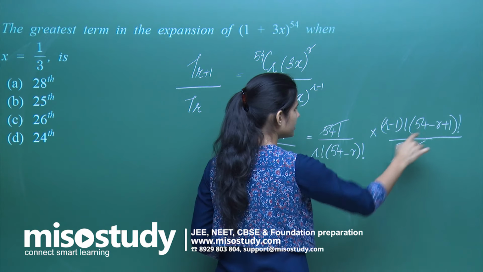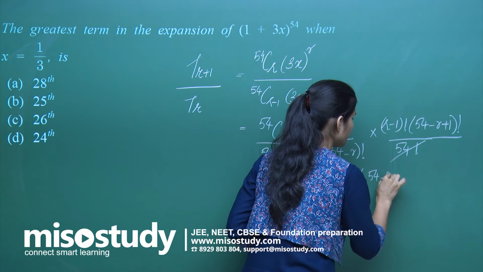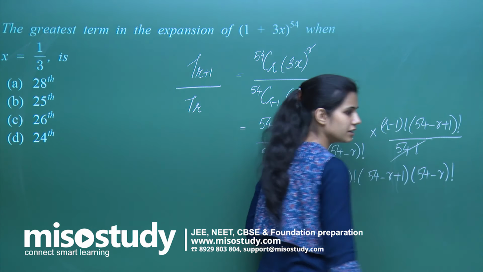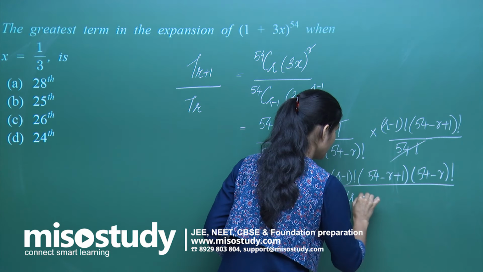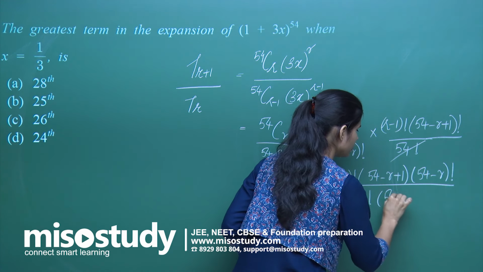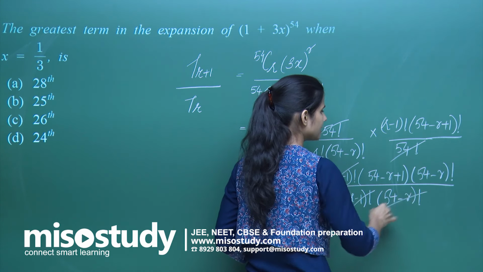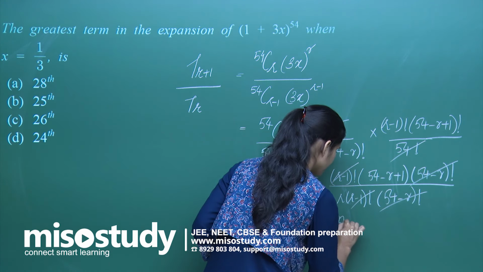What you are left with can be written as (r minus 1) factorial (54 minus r plus 1) into (54 minus r) factorial whole upon r into (r minus 1) factorial into (54 minus r) factorial. So very clearly this gets cancelled out, this gets cancelled out, you are left with (55 minus r) upon r.